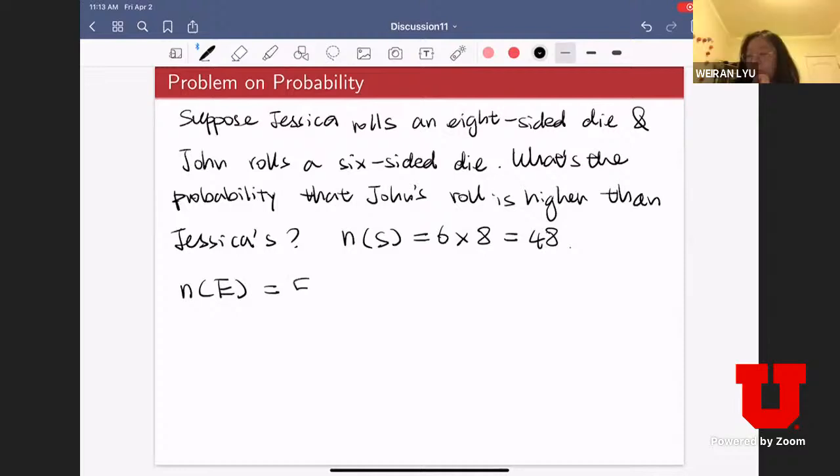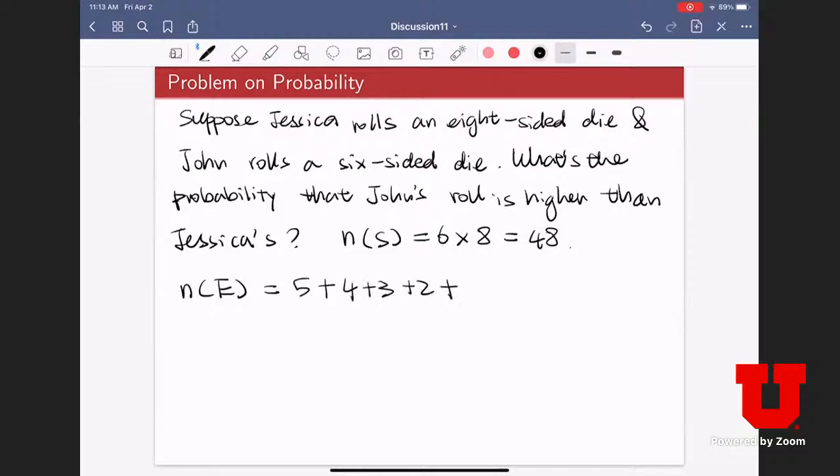Yep. Do you want to explain how you got this? So I just took it by cases. I didn't use any formula or anything like that. If Jessica rolls a 1, then John can roll a 2, 3, 4, 5, or 6. And then I just used that logic for each of Jessica's rolls. 5 is the last one where John can actually beat Jessica.